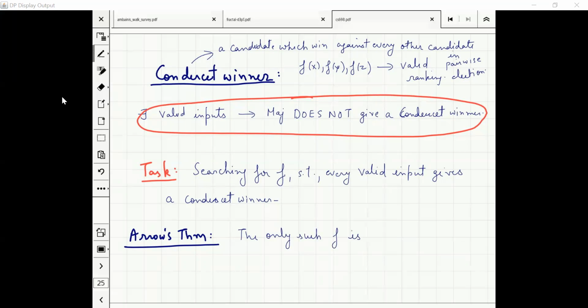Can you think of a trivial function which always gives a Condorcet winner? Dictator. Yes, the only such F is actually dictator or negative of dictator. Exactly, negation of dictator.